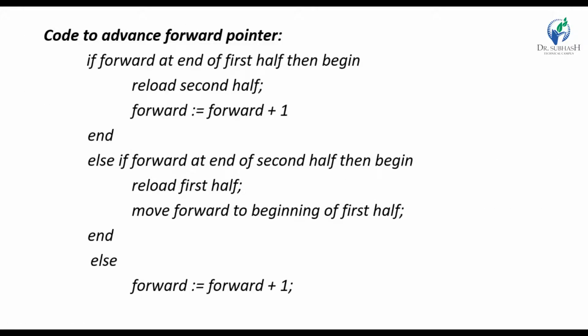So the code to advance the forward pointer is: if the forward pointer is at the end of the first half, then reload the second half, and forward equals forward plus 1.